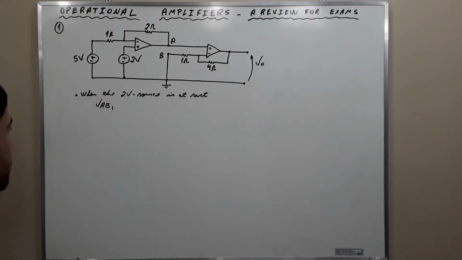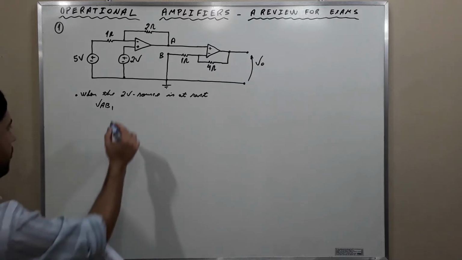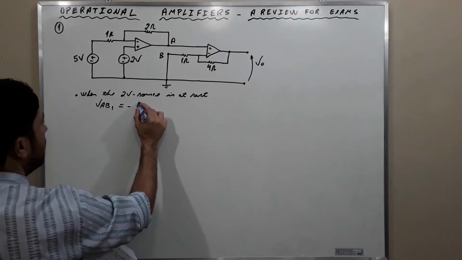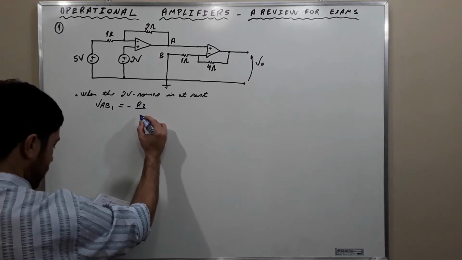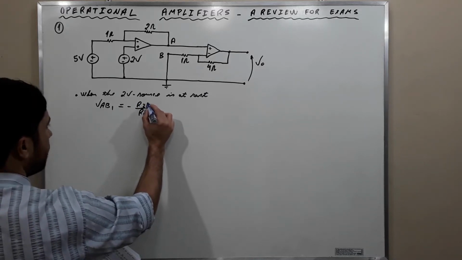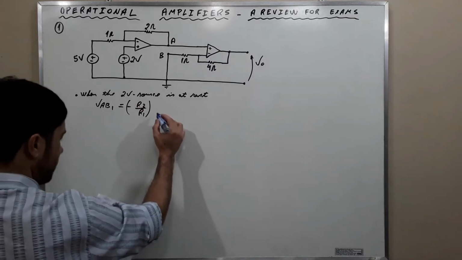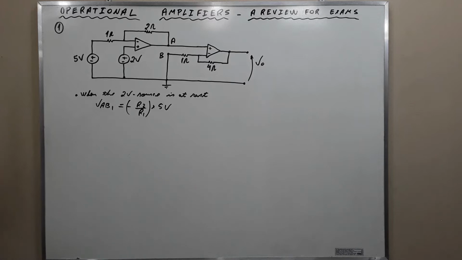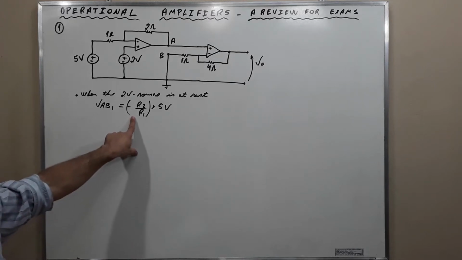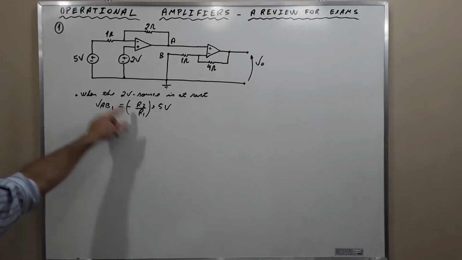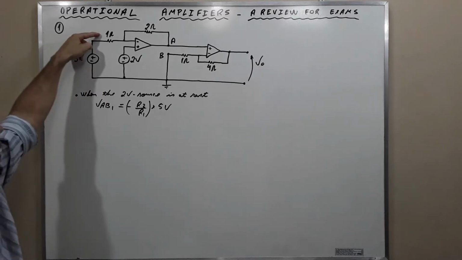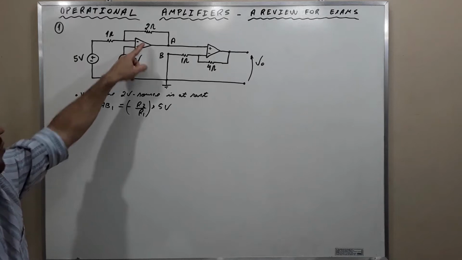Then VAB1, okay, is equal to negative R2 over R1 times 5 volts, okay? Why this? Because we are connecting this source here at the inverting terminal, okay?